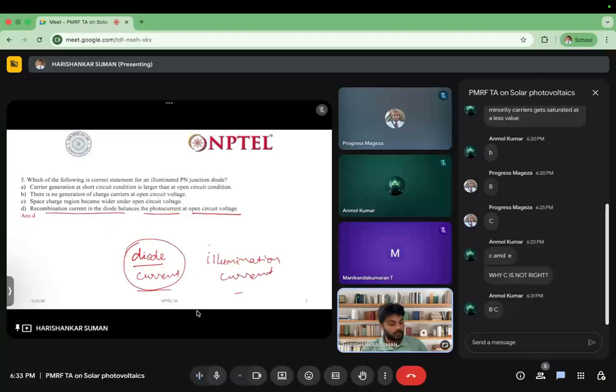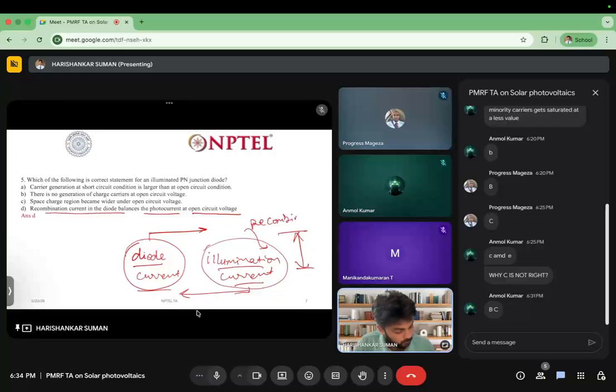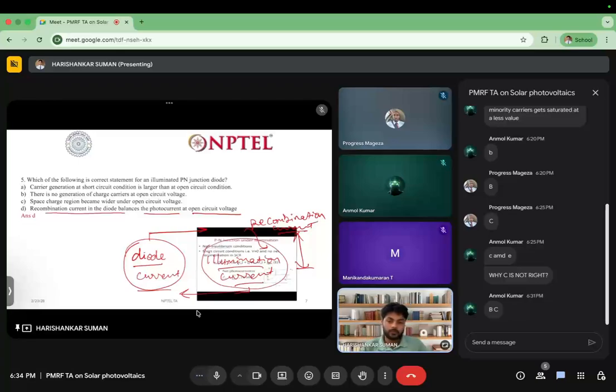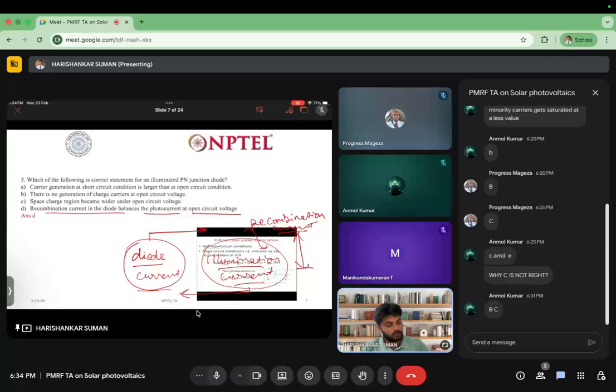They are opposite in nature. One direction this, other direction this. They are opposite in direction, so these currents will balance. The recombination current in the diode balances the photocurrent at the open circuit voltage. Wait, one minute.